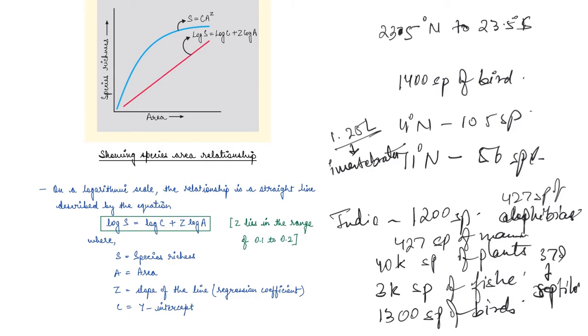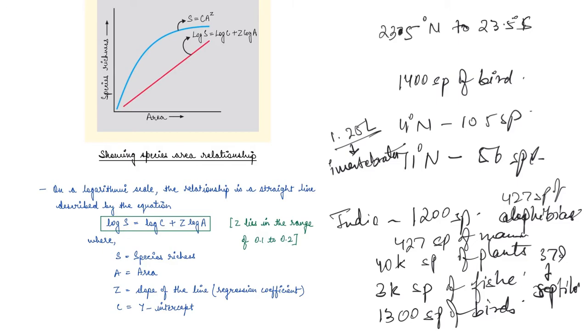But if you analyze the species area relationship among very large areas like the entire continent, then you will find the slope of the line to be much steeper. For example, for fruit-eating birds and mammals in the tropical forest of different continents, the slope is found to be 1.15. These are steeper because we are increasing the area a lot. So that is the relationship between species and area.